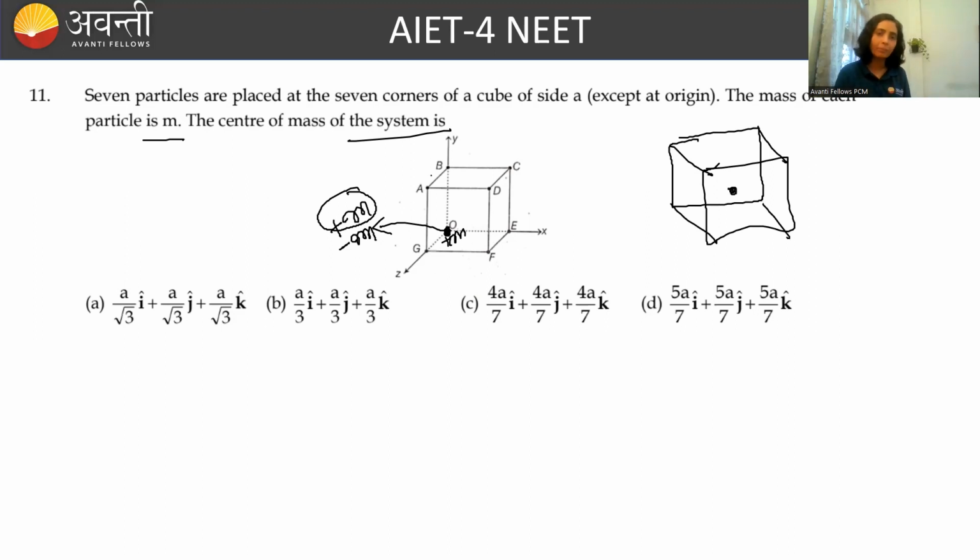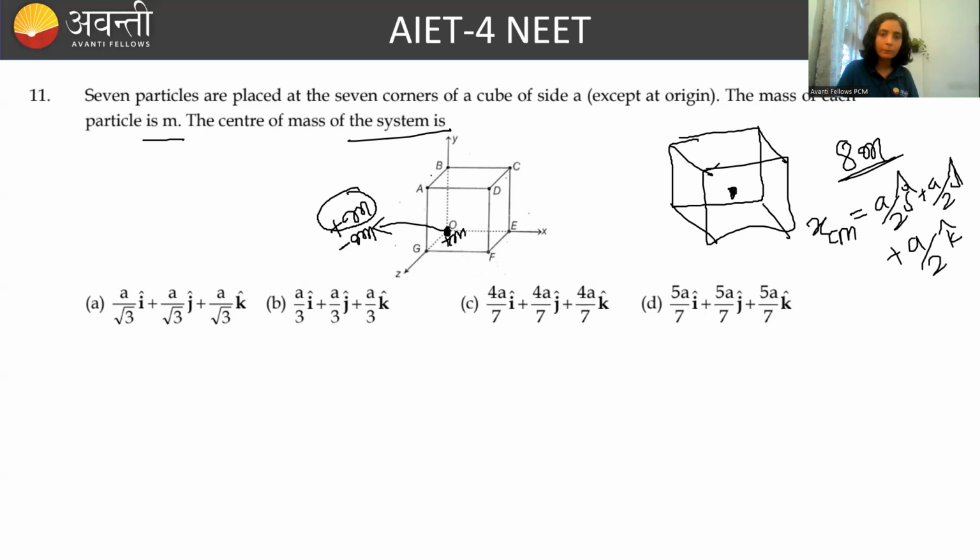And all masses are same magnitude, so definitely its center of mass will be at center. So center of mass of 8 m masses will be where? At the center. Center का ज्योमेट्री क्या लिखोगे? उसका पोजीशन वेक्टर क्या लिखोगे? So x cm of 8 masses क्या होगा? a by 2 i plus a by 2 j plus a by 2 k. यही होगा ना सेंटर का.